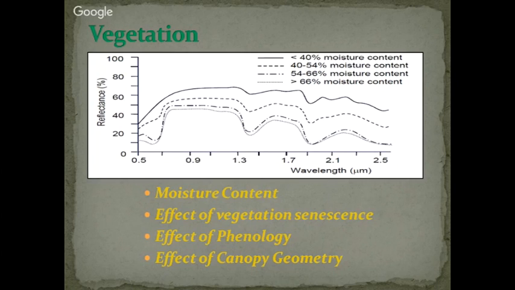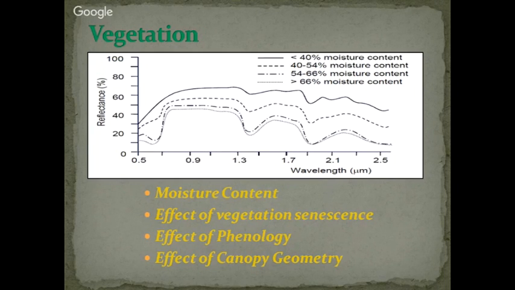Which means that the higher the water content in tree leaves or in vegetation, it will absorb more energy and reflect less energy. And depending upon our understanding of this relationship, we are also capable of identifying the stage at which that vegetation is, whether the vegetation is perfectly healthy, or it is moving towards the more mature stage.